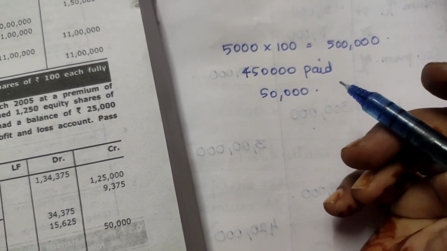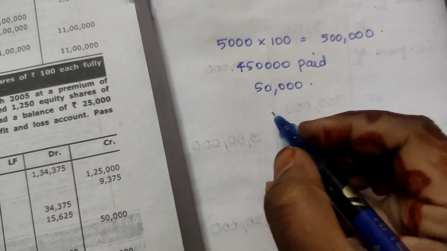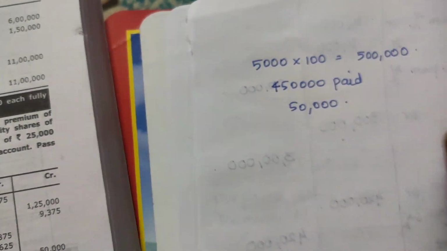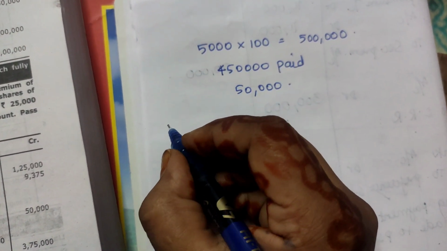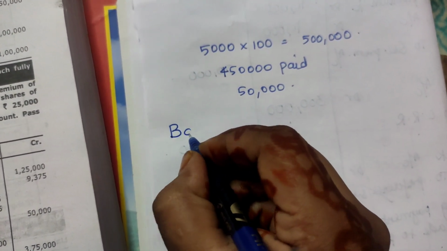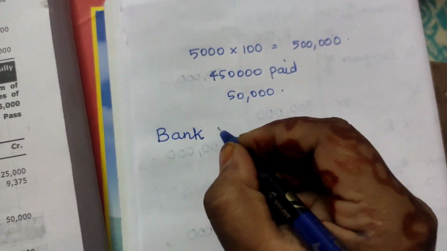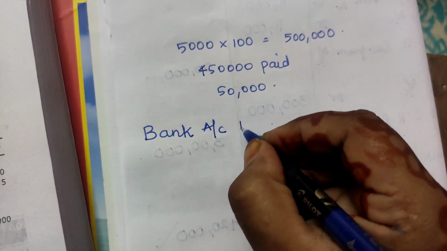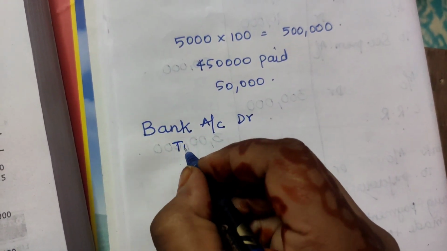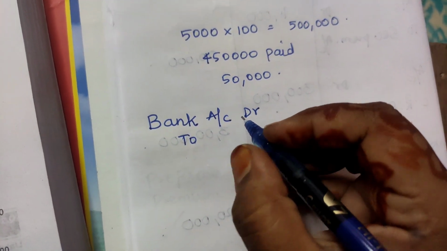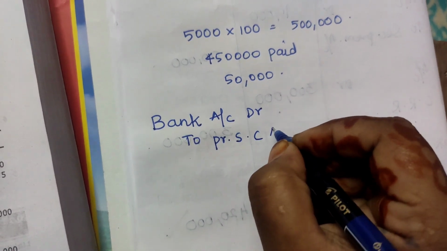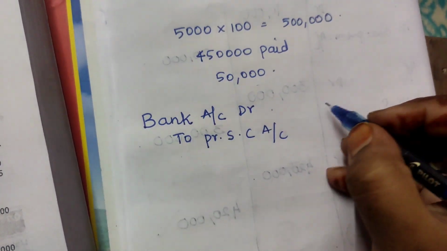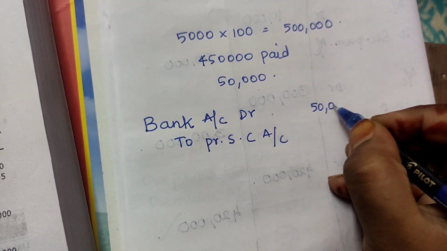Okay, it means we need to write an entry for calls in arrear for this 50,000. So what will be the entry for calls in arrear? Bank account debit to preference share capital account. This 50,000 will come.